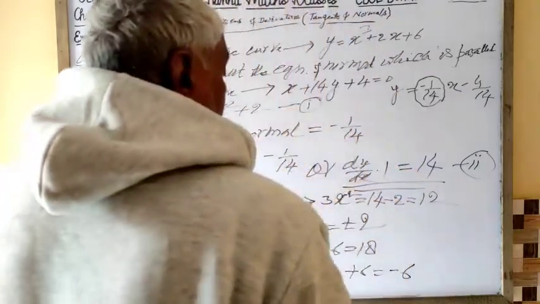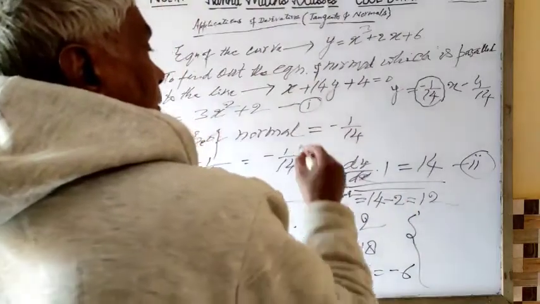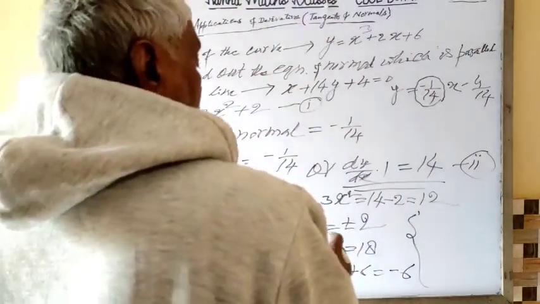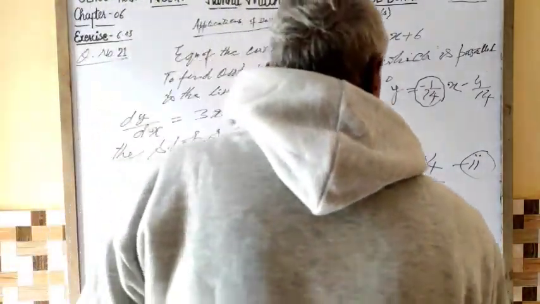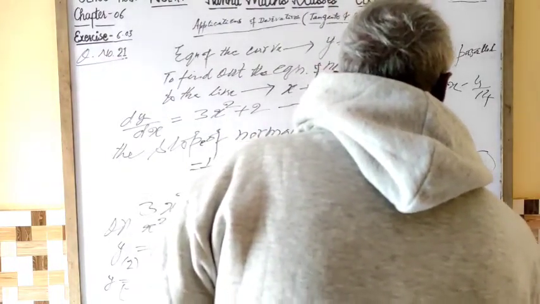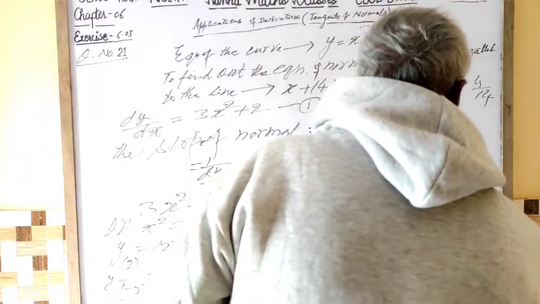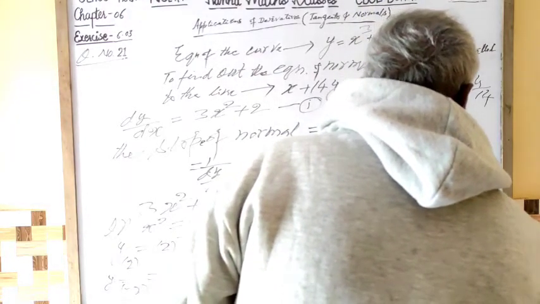Hence the corresponding points at which the normal is to be found are 2, 18 and minus 2, minus 6.